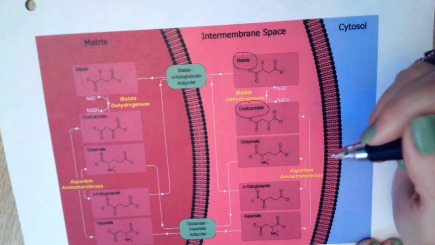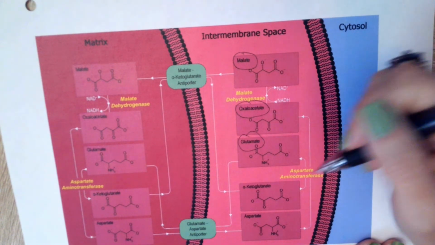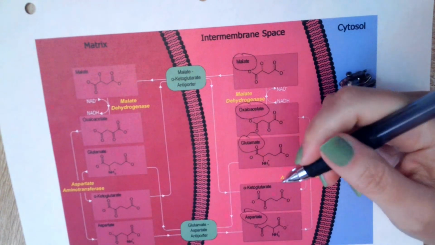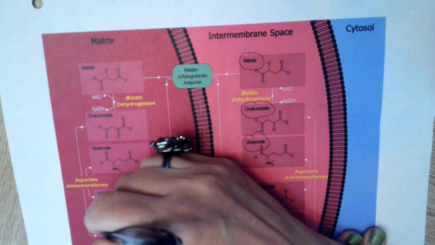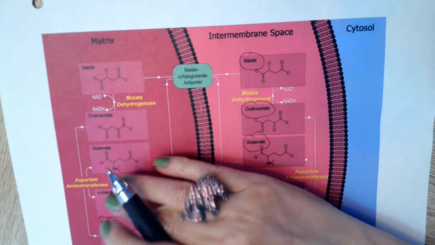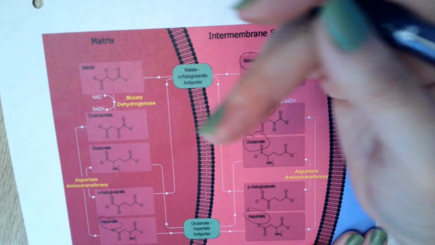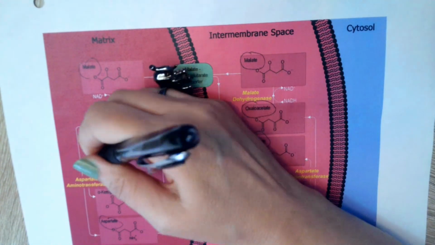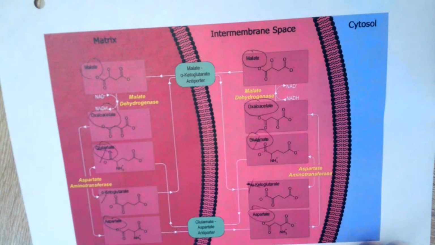Here we have oxaloacetate. Here we have glutamate. Then we'll go down to aspartate. Don't worry about alpha-ketoglutarate for right now. Then over here we have aspartate. Again, ignore the alpha-ketoglutarate for a second. Actually, let's just ignore the glutamate along with the alpha-ketoglutarate on this slide for now.